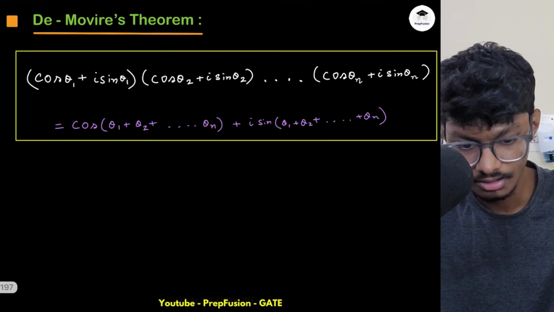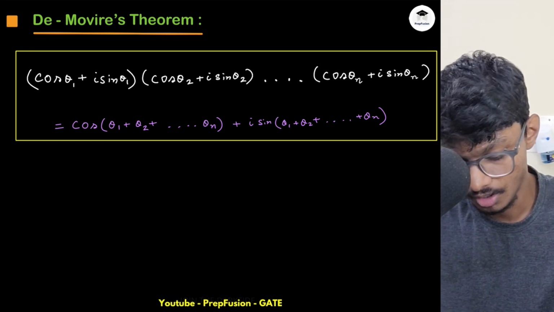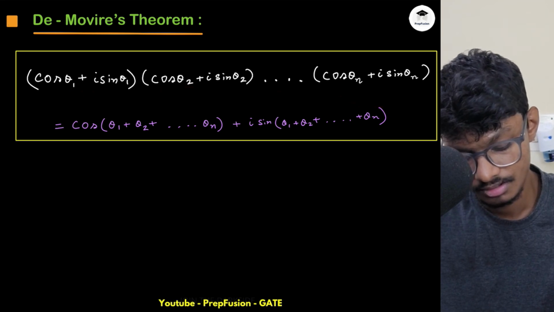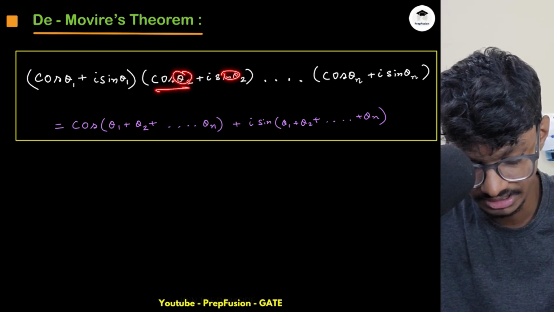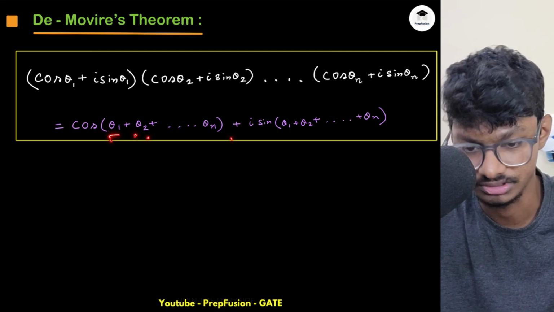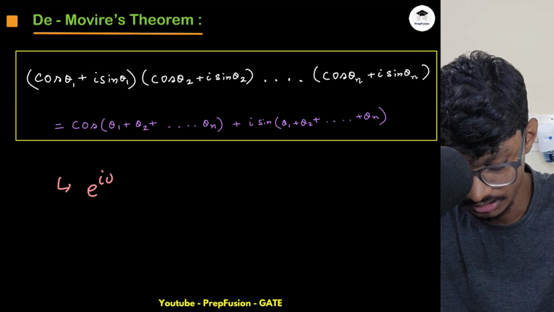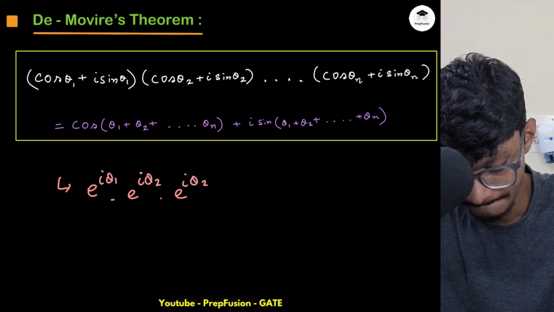Okay, so this is a general format of de Moivre's theorem. Now if I have different angles and I multiply these, what will happen? Simply I'm doing e raised to power i theta 1 into e raised to power i theta 2 into e raised to power i theta 3, and it goes on till e raised to power i theta n.